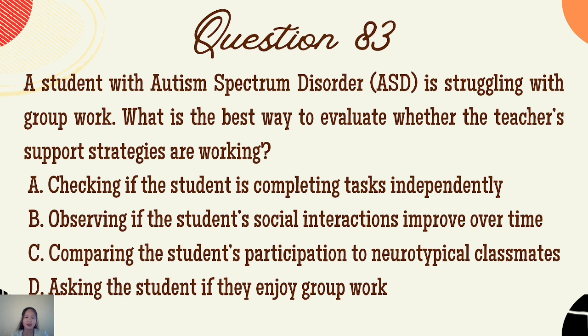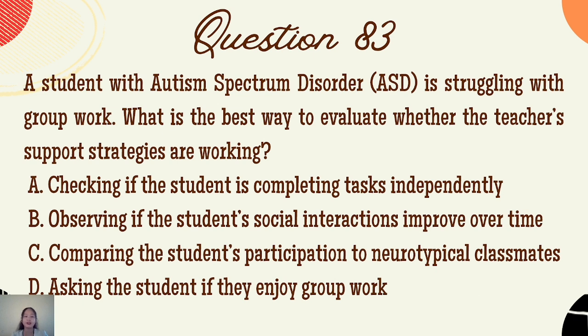For option C, comparison with neurotypical classmates, ASD presents differently, and comparison is unfair. For option D, asking if they enjoy it, enjoyment doesn't always reflect progress. So again, the correct answer for number 83 is letter B.